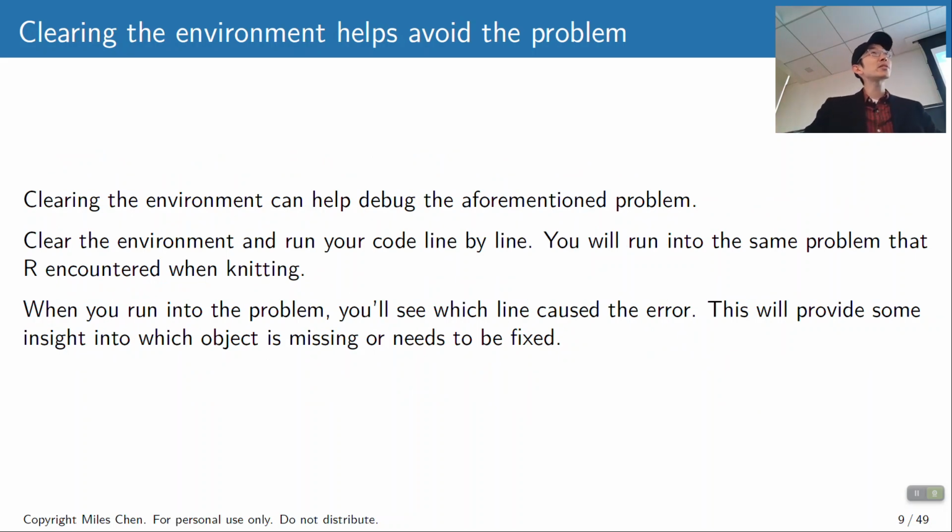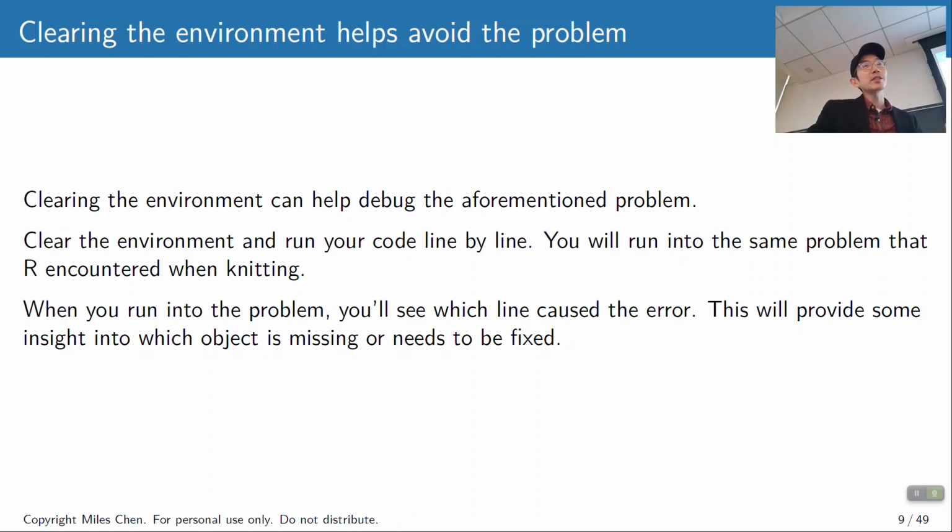Now, why does R always start off with an empty environment rather than the environment that currently exists? Well, part of the philosophy of having R Markdown and the knitting is this idea of reproducibility. The idea is that I can give you my file, and you open it on your computer, and you're able to run it, okay? And if you want to be able to run it, you're going to start off with an empty environment, right?